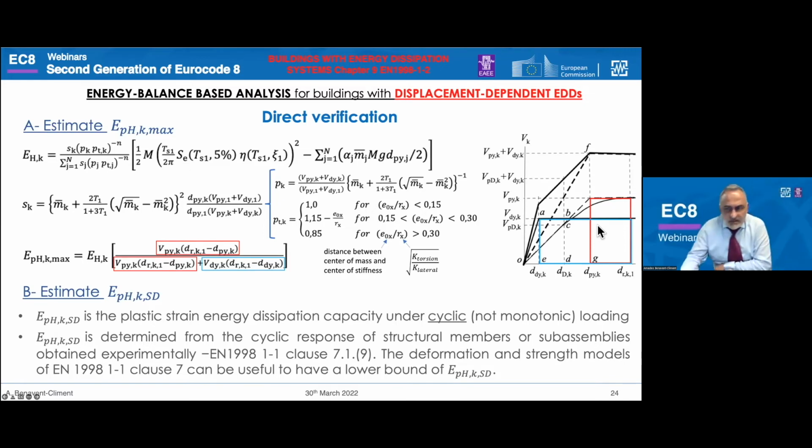This approach is quite conservative. I mean, it tends to give an overestimation of the damage on the main structure, but it has the advantage that it is very simple, and that's why it is used.